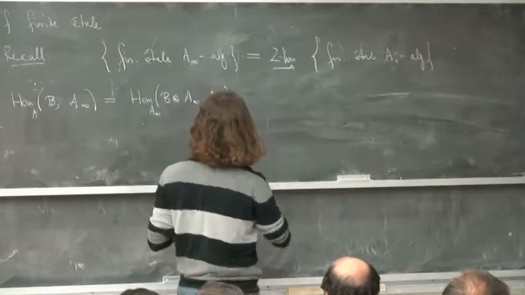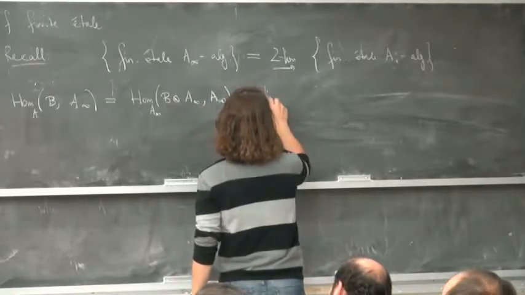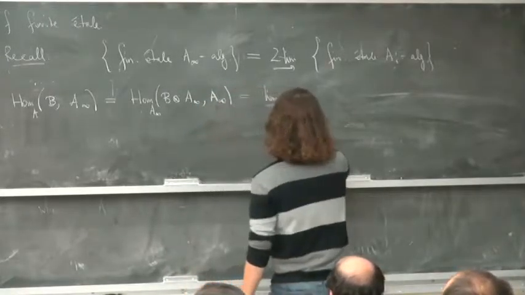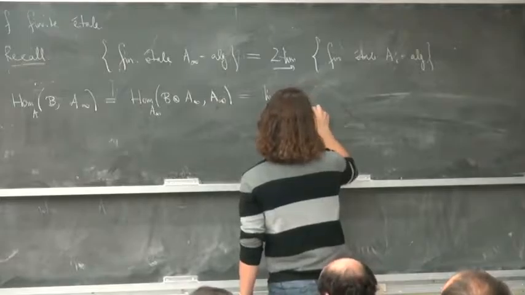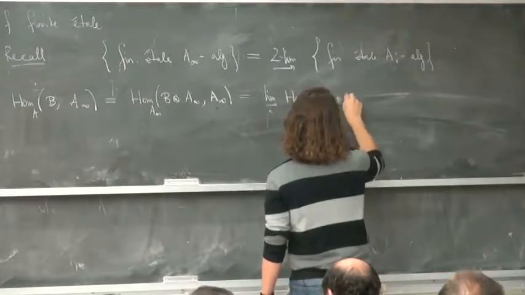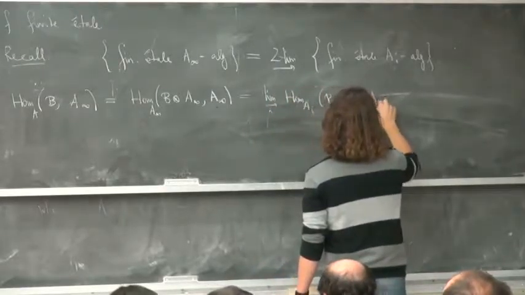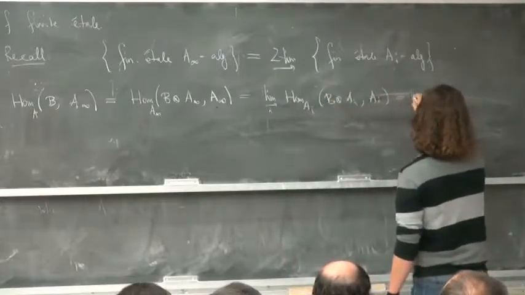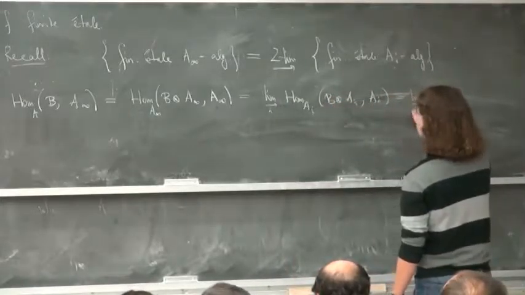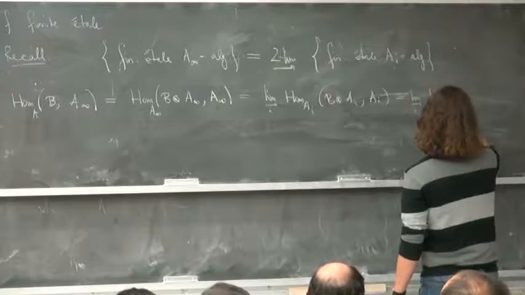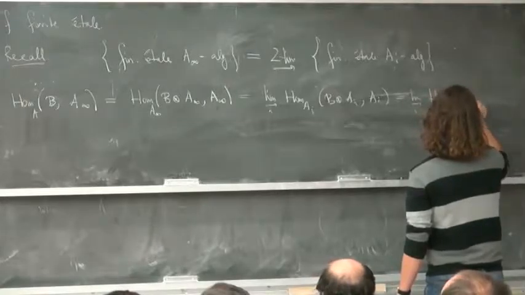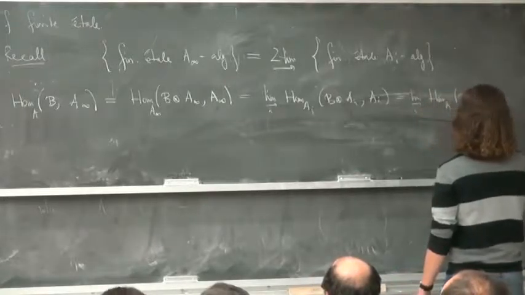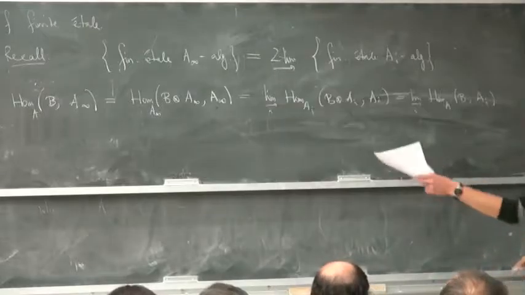And so this means that this Hom space is the direct limit over all i of the homomorphisms over A_i from B tensor A_i to A_i. And then again we can get rid of the base extension in the beginning. So it's a direct limit over homomorphisms over A from B to A_i. And this is what we wanted to prove.